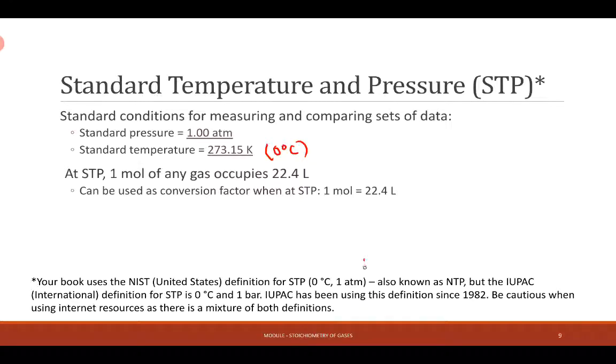So 1 bar is equal to 1 times 10 to the 5th power pascals. And so they thought, hey, since pascals is the SI unit, we're going to say that our standard pressure is related to that SI unit.